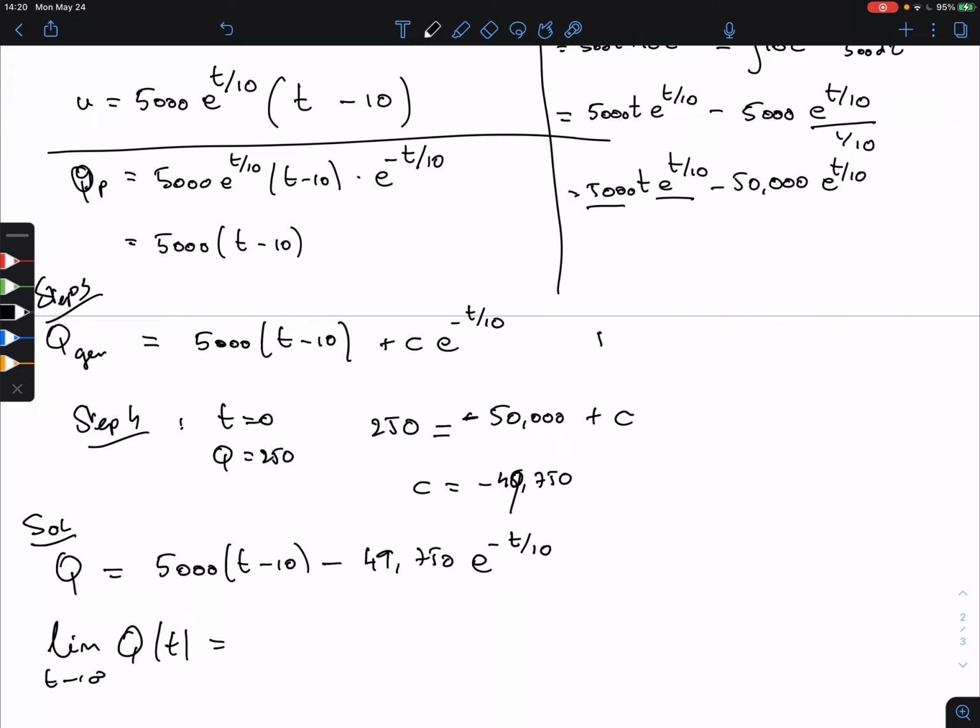I didn't write it up here, but yes, it's 4 gallons per minute. So this is 4. But what is this other thing? The concentration of salt, I'll do this separately, is the amount of salt divided by the amount of water. Okay, so this is the amount of water.